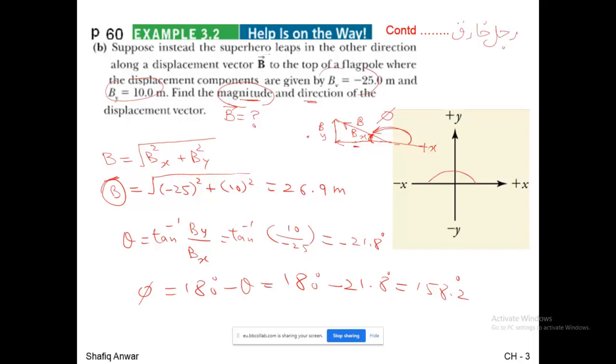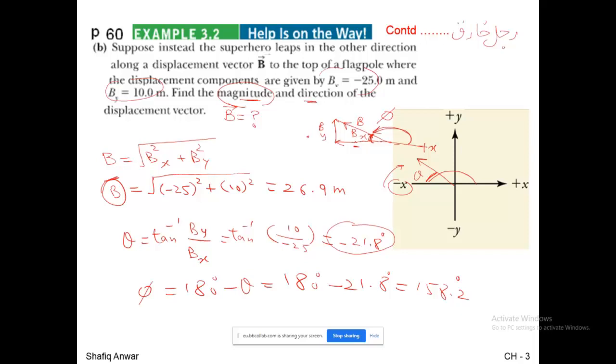Okay, look. This is angle theta, minus 21.8. It is clear, even before calculation you can say the angle will be minus. Why? Because this is your vector and this is angle theta. It is from the negative x-axis in this direction. This should be negative. So when you calculate, with the information given, it automatically comes minus. Even if you don't draw this, you will get minus.